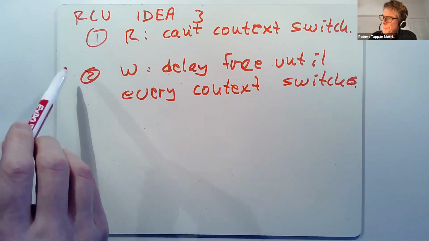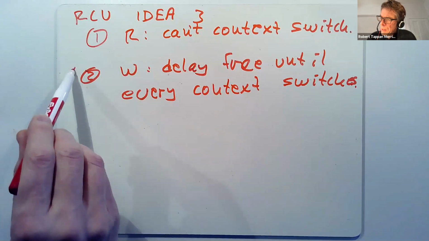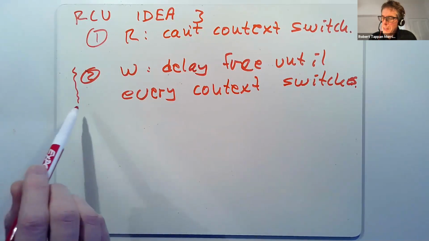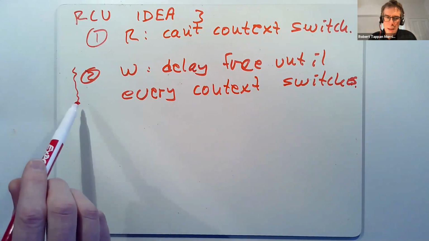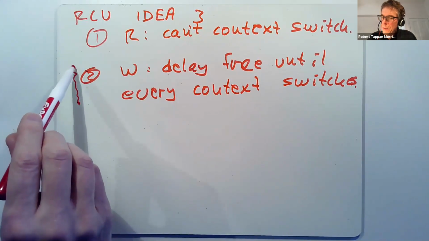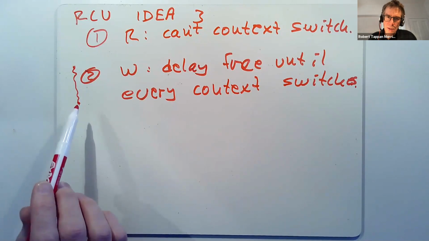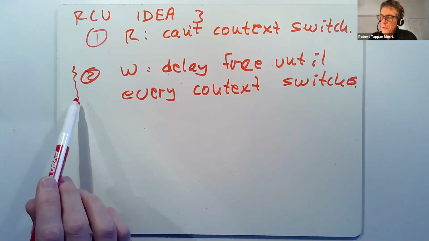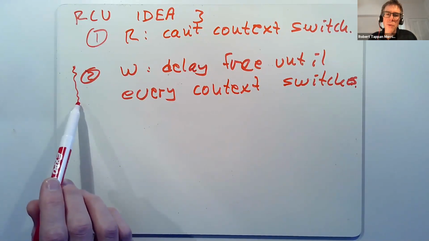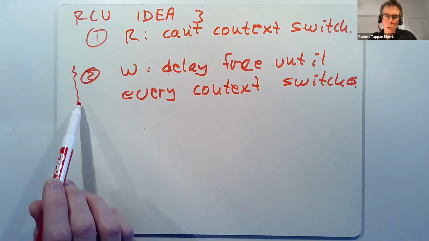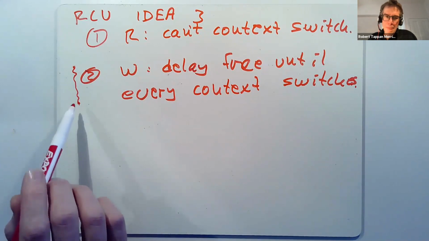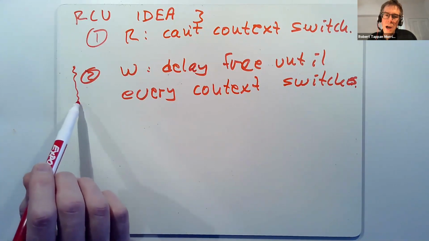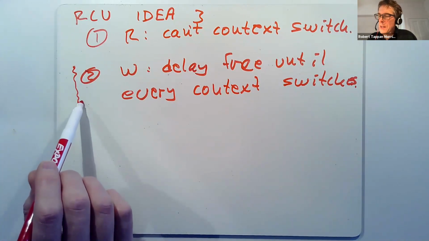People have come up with a bunch of techniques for actually implementing this wait. The straightforward one the paper talks about is that the writing thread simply arranges with the scheduler to have the writing thread be executed briefly on every one of the cores in the system. What that means is that every one of the cores must have done a context switch during this process.